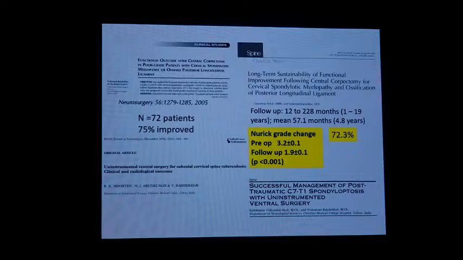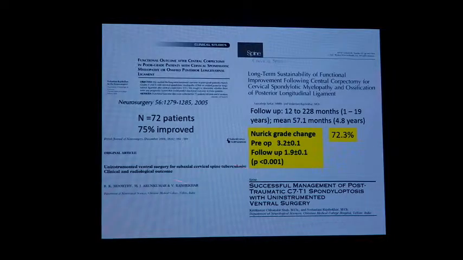And this is a long-term follow-up, with follow-up ranging from 1 year to 19 years, with an average of about 5 years. We achieved an improvement rate of about 3/4, or 72.3%, and the Nurick grade, of course, had changed significantly from the pre-op to the follow-up.